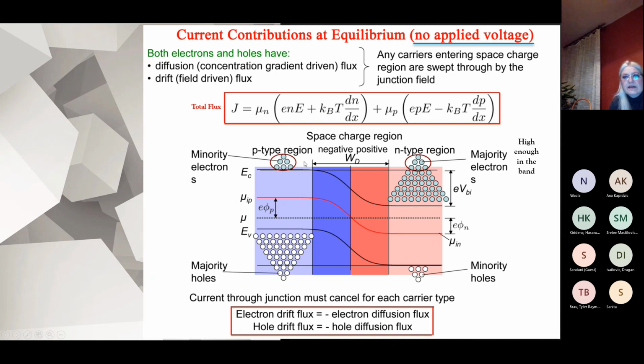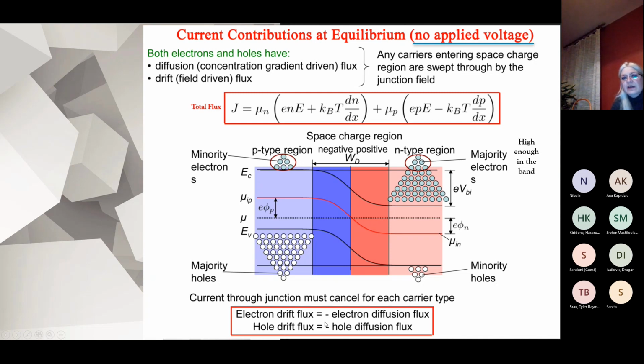And now we can see what is happening. In the p-type region, minority electrons will shift due to the drift flux. But a certain number of electrons from the majority, which are high enough in the band, will be drawn to this space charge region due to the concentration gradient in all directions.